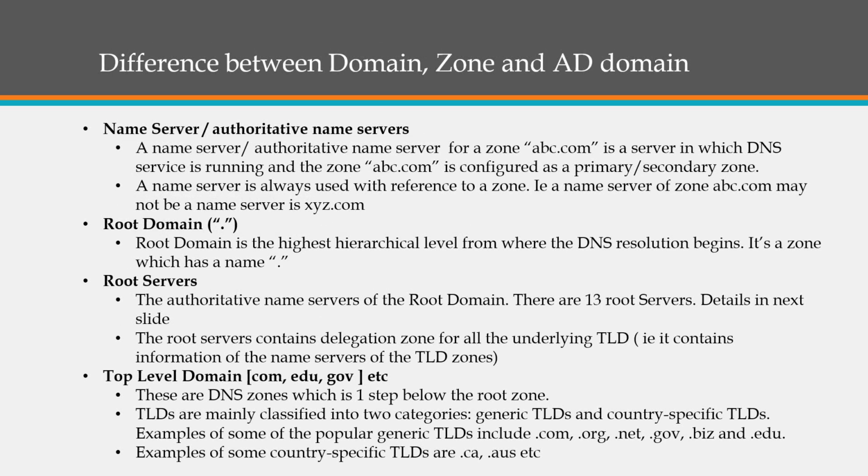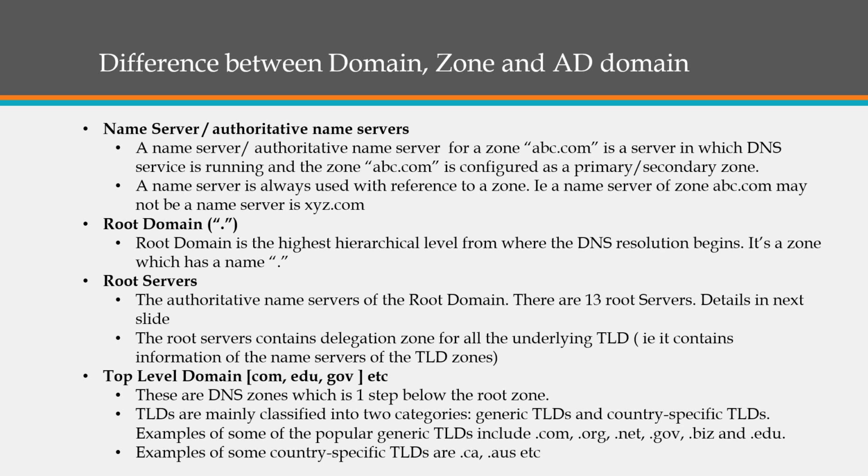So before we get to the difference between a domain and a zone, let's first get familiarized with a few key concepts or terminologies that are commonly used in DNS. So let's start off with the name server or authoritative name server.